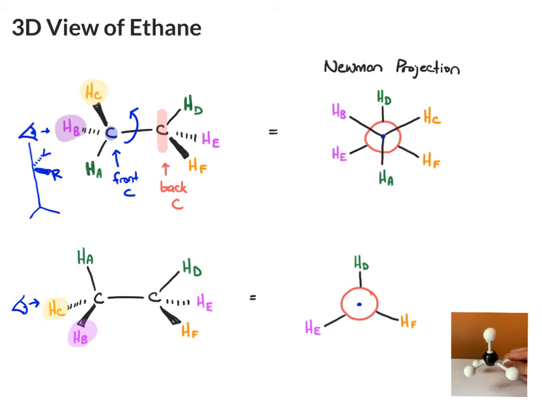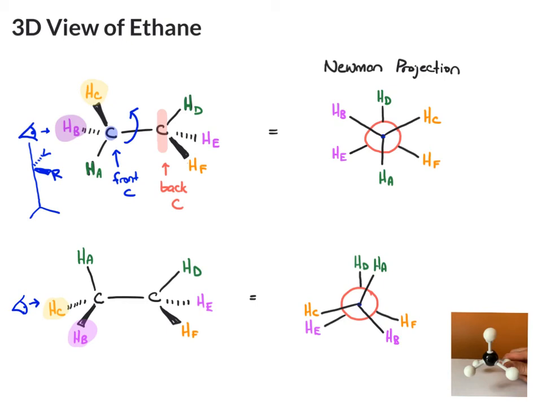So now when we draw in our front carbons, or our front hydrogen, really hydrogen A should be drawn right on top of hydrogen D. But that makes it really hard to visualize. So what we end up doing is skewing these hydrogen just a little bit. So for example, I'll skew this hydrogen A just a little bit to the side, like that. Then we'll do hydrogen B, and finally hydrogen C.